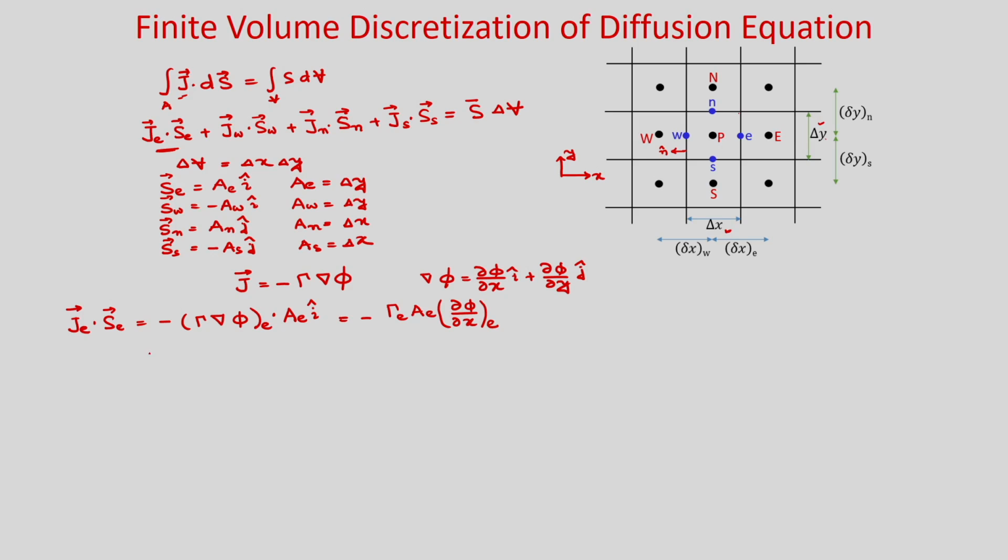So, we will assume that phi varies linearly between cell centroids.